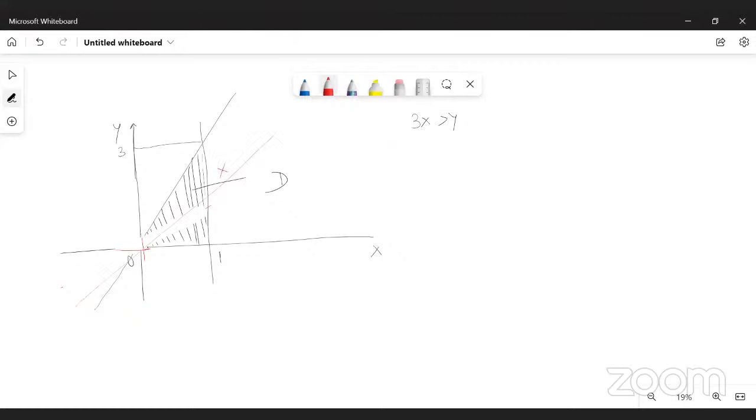Let's see. This is x equal y, and this is x equal to 2y. So this is our common area that we want. Okay.